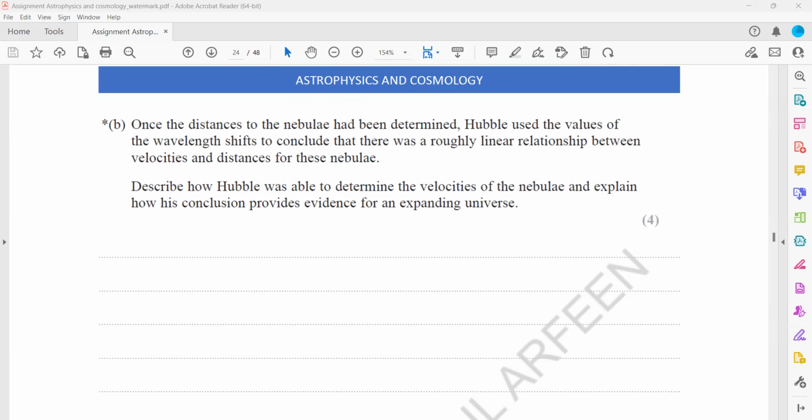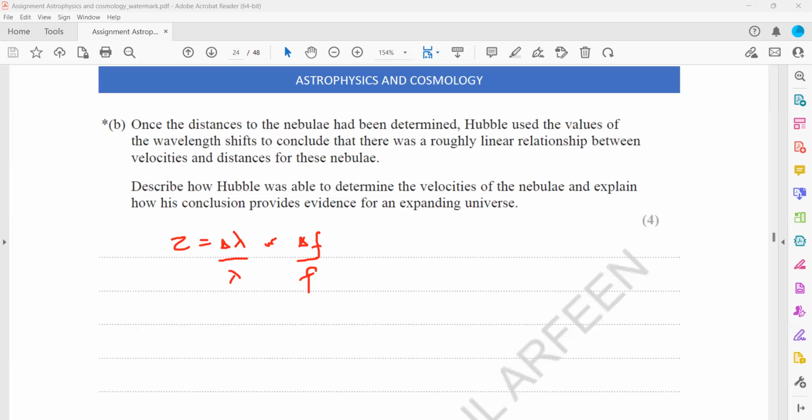First we determine the Doppler shift. The Doppler shift is the change in wavelength over the original wavelength, or the change in frequency over the original frequency.